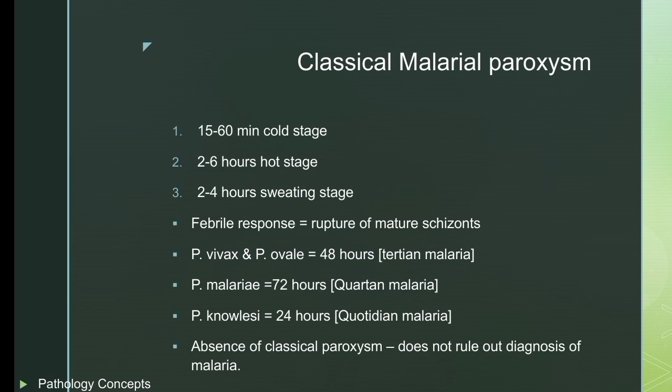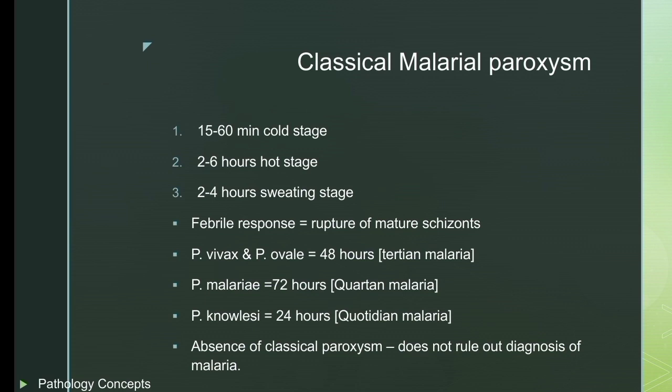The febrile response is due to the rupture of mature schizont in the RBC. In Plasmodium vivax and Plasmodium ovale, the schizont ruptures every 48 hours, also called tertian malaria.